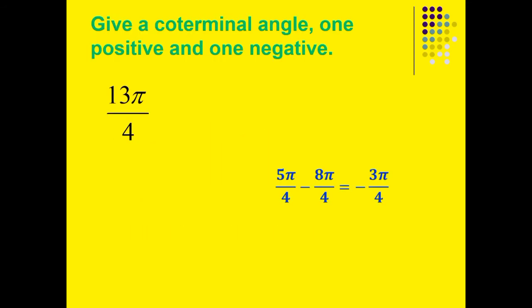So we have to get the coterminal angle of 13 pi over 4, both the positive and the negative value. This has an equivalent value of 3 and 1/4 pi, which means 2 pi and 1 and 1/4 pi rotation.